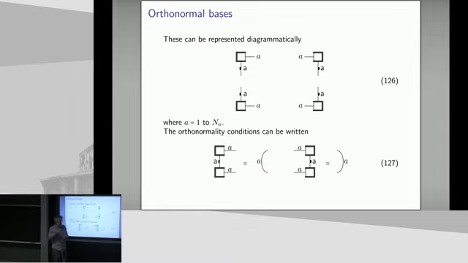Basis states, yeah. And so, if you have a certain basis and you come around, you can think of this as A and A prime because they're in different places. So then this is equivalent to the delta function. Is that clear? Okay.